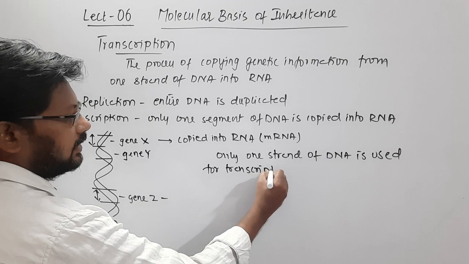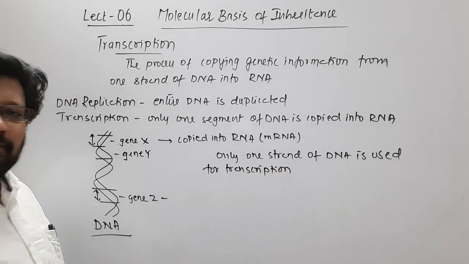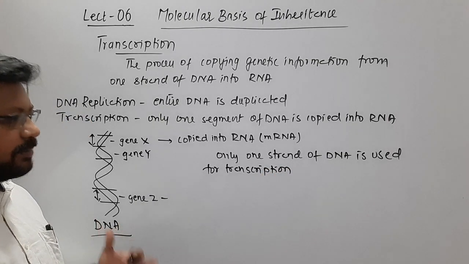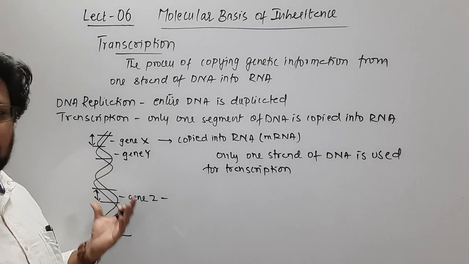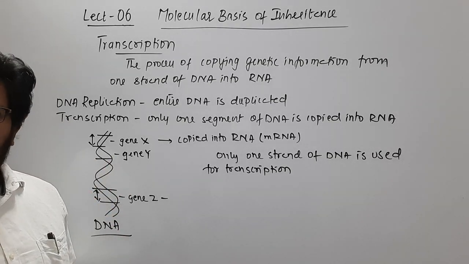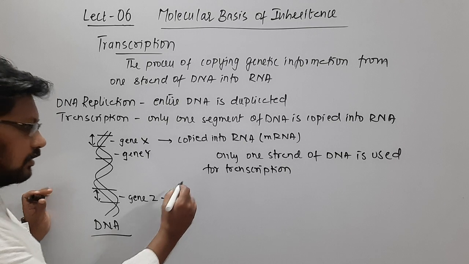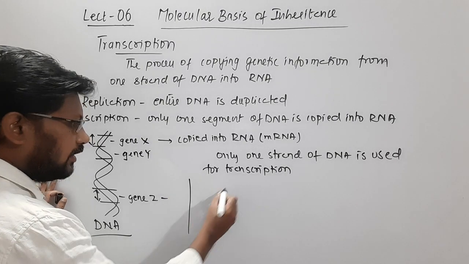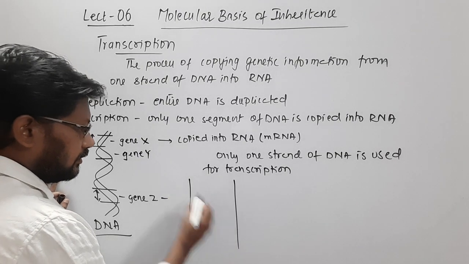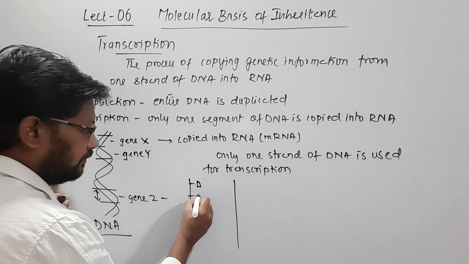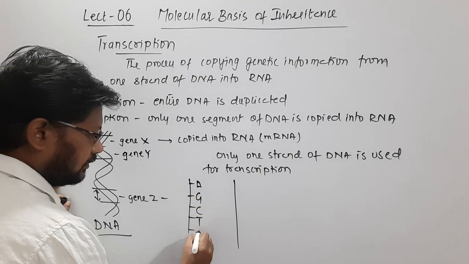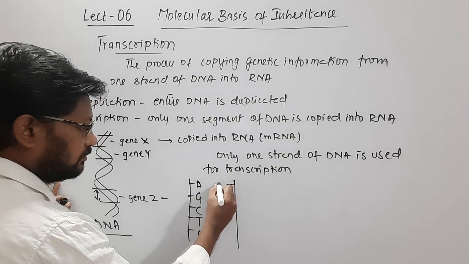Only one strand is used for transcription. So the question comes, what happens if both the strands of DNA are used for transcription? So here I'm going to take an example with some sequences.